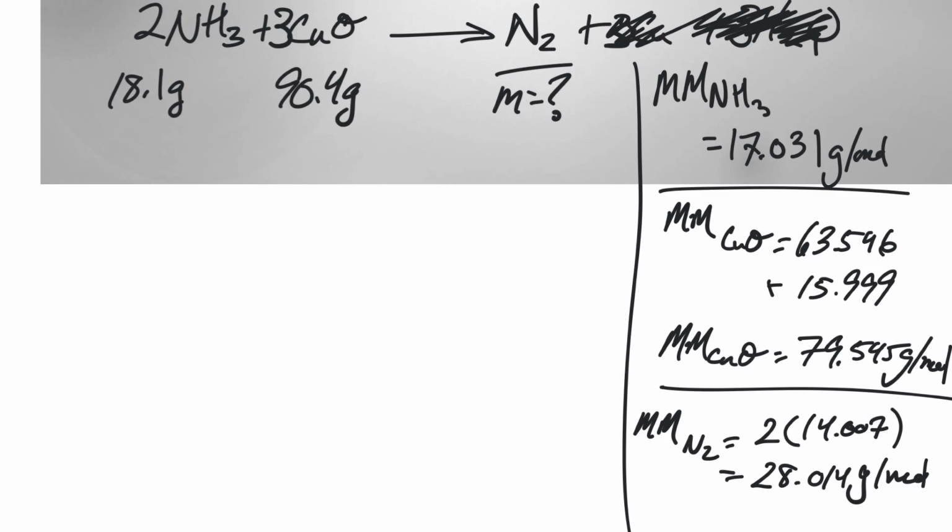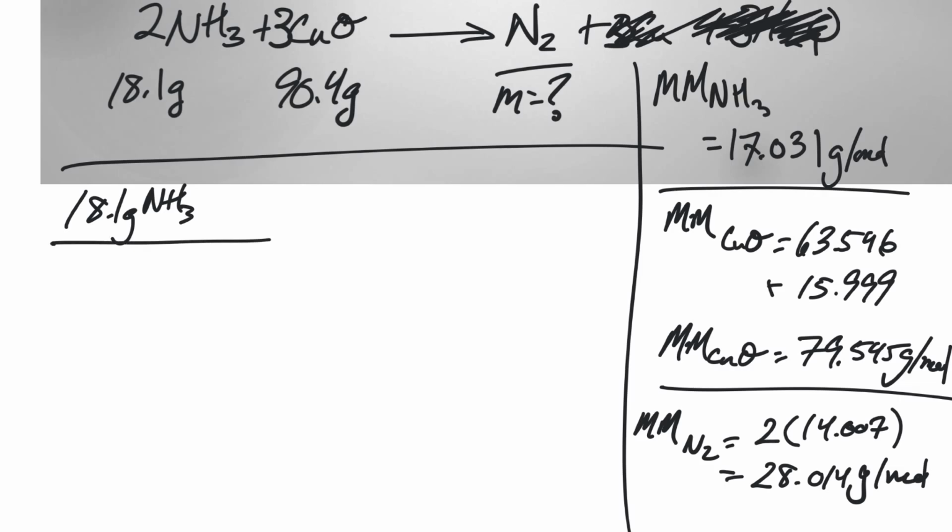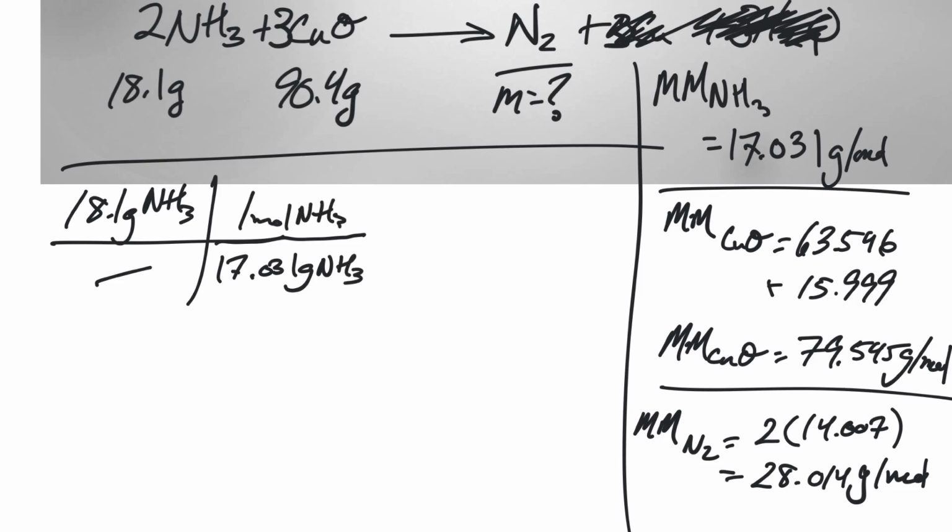All right, so now I'm going to take that 18.1 grams of ammonia, convert it to the mass of nitrogen. We take the mass of it, we divide by its molar mass, which was 17.031. Then we multiply by the mole ratio, 1 mole of nitrogen for every 2 moles of ammonia.